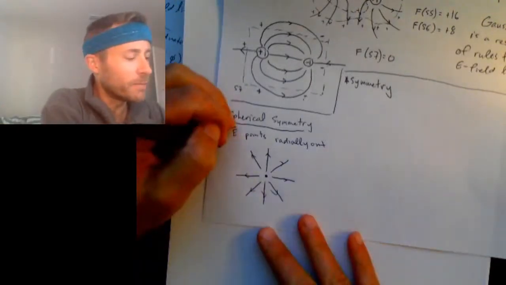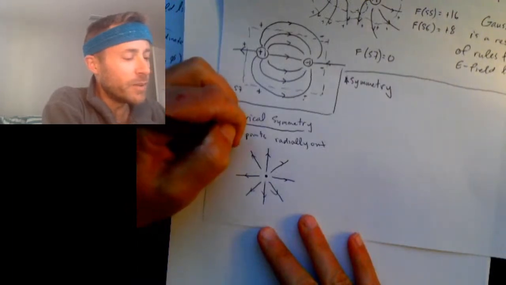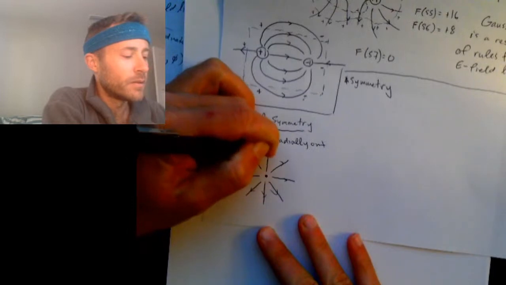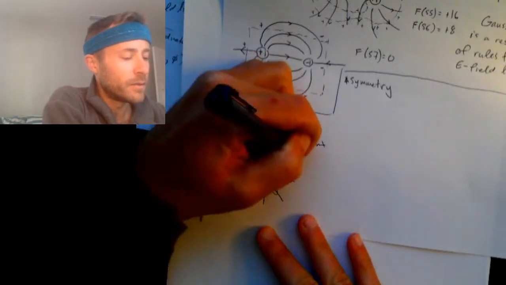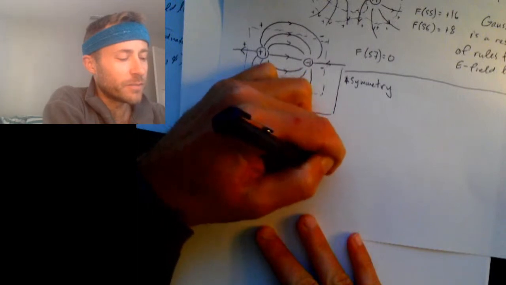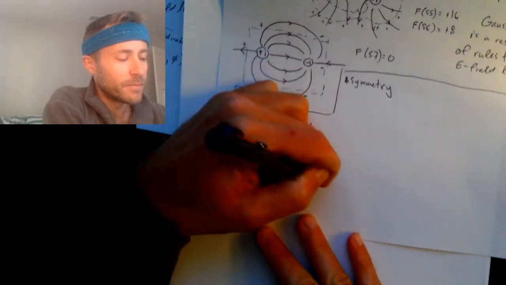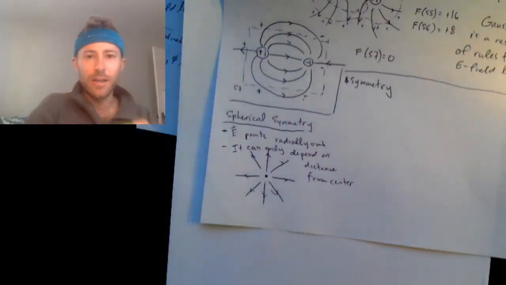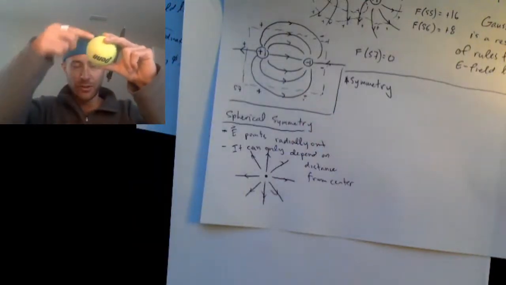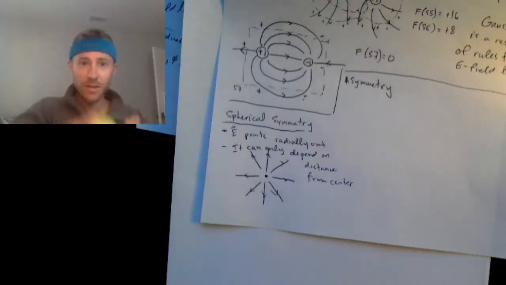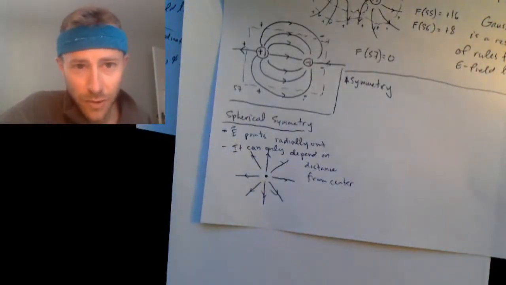And furthermore, it can only depend on distance from the center. It can't depend on latitude and longitude. Why? Because if it's spherically symmetrical, every latitude and longitude is the same.